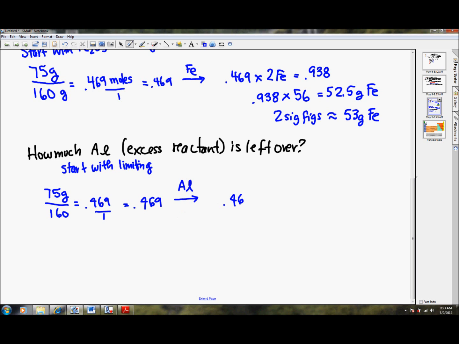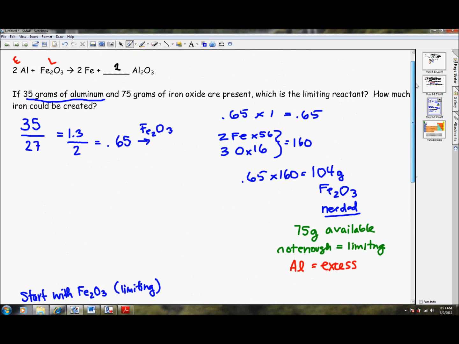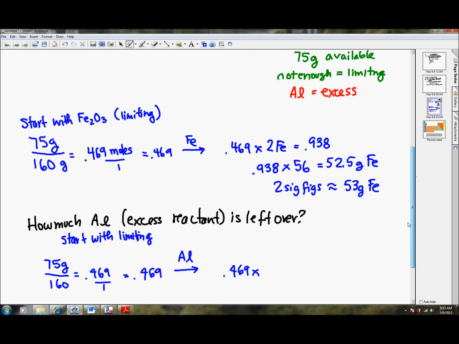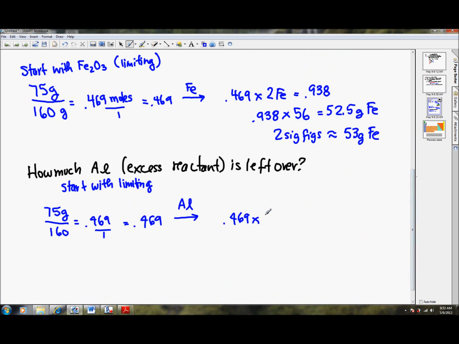I'm going to take the 0.469 times, go back to the problem here, there's a 2 in front of the Al, times 2. It's 0.938.